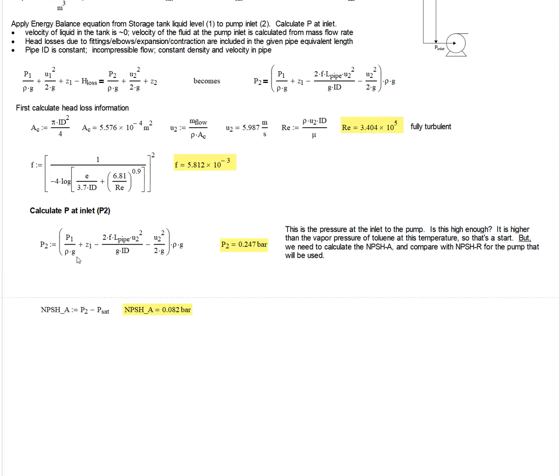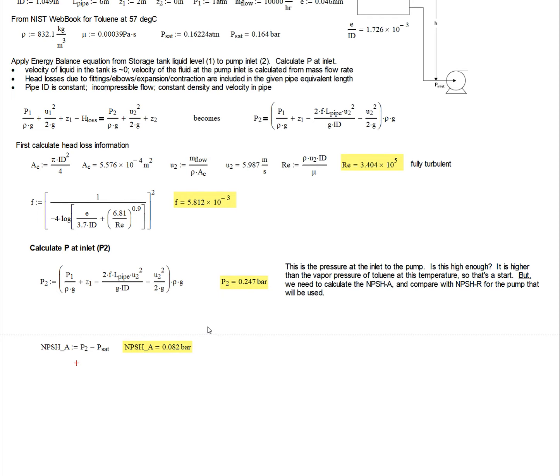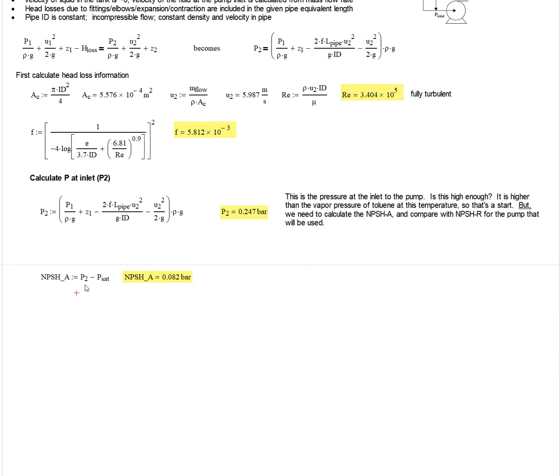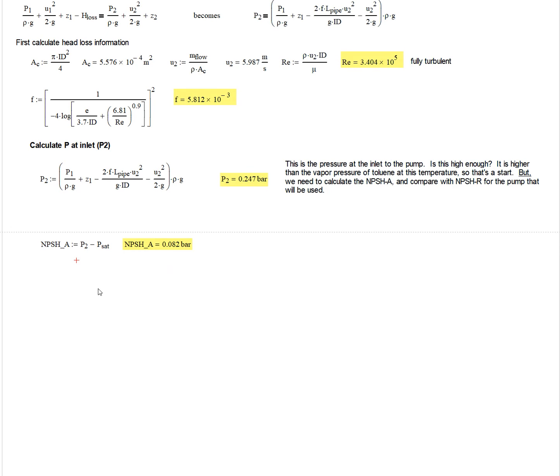I'm saying allowed, it should be available, net positive suction head available. The net positive suction head available is equal to P2 minus the vapor pressure, the pressure at the inlet of the pump minus the vapor pressure. So that is 0.082 bar, the net positive suction head available for our system.